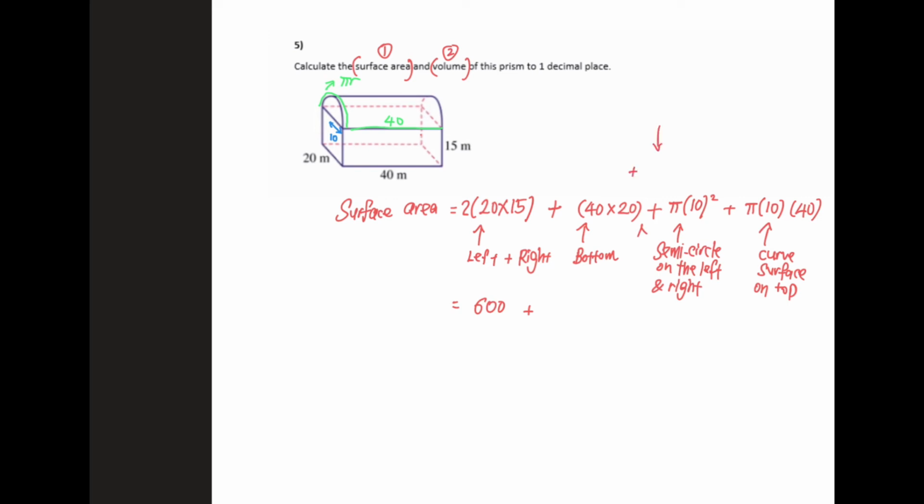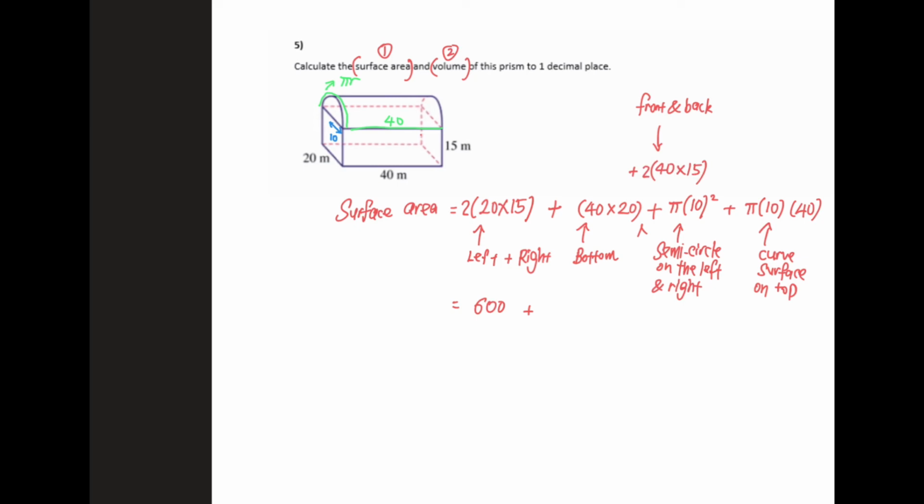I left out 40 times 15, the front surface, and the back surface, which is 40 times 15 as well. The back surface will be the same, so I times 2.